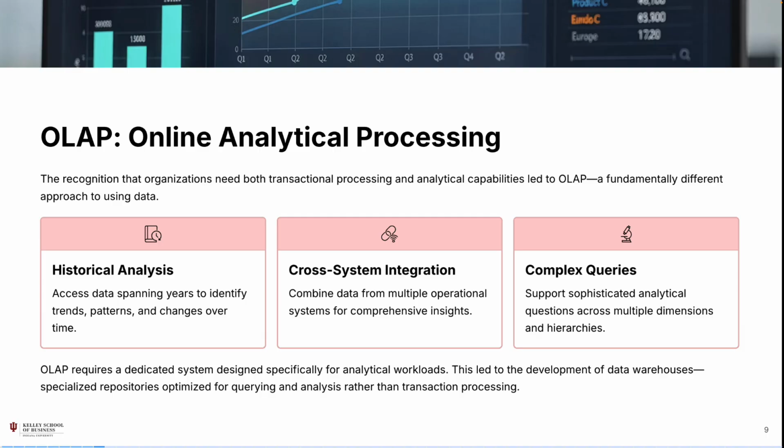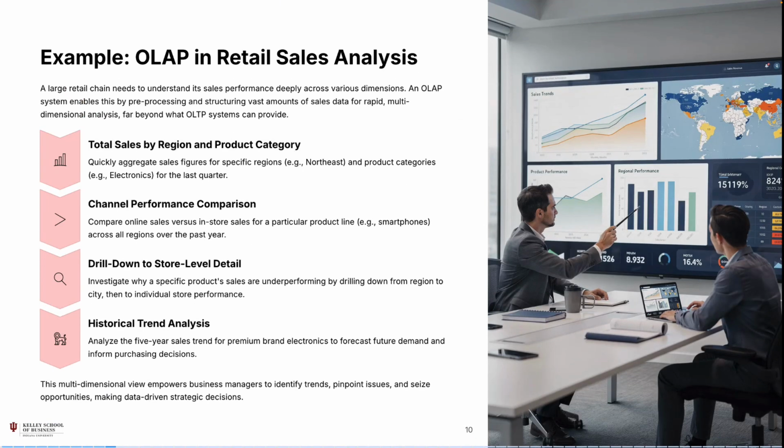We have large result sets aggregating millions of transactions. There is a historical focus, and we are trying to compare trends over time. Also, data is often denormalized, trading storage for query speed. So think of this as stepping back to see the forest, not just individual trees. OLAP lets us spot the patterns invisible in day-to-day operations.